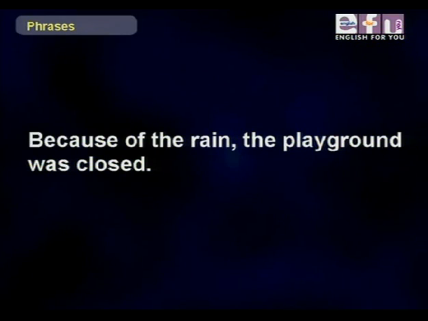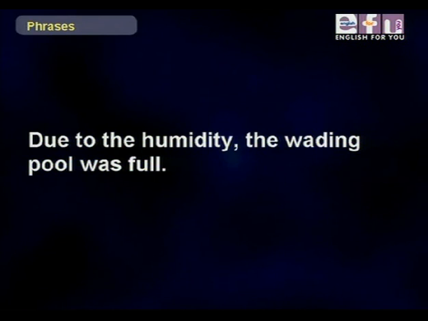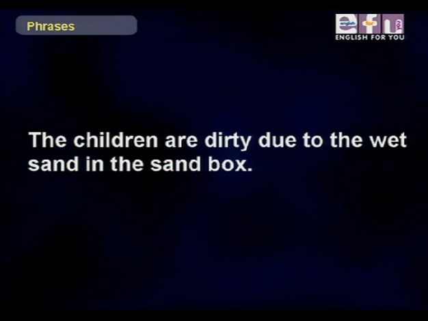In the first sentence, the playground was closed as a result of rain. In the second sentence, the children were sad because the swings were broken. In the third sentence, the humidity caused the wading pool to be full. In the fourth sentence, the children are dirty as a result of the wet sand.